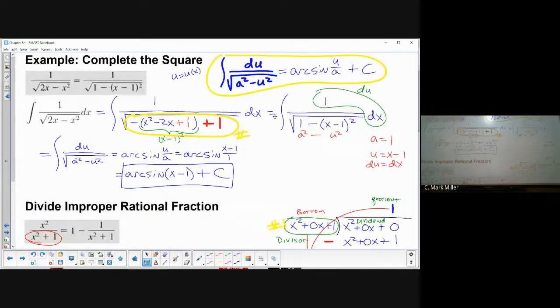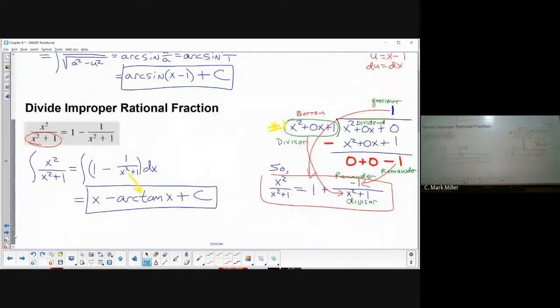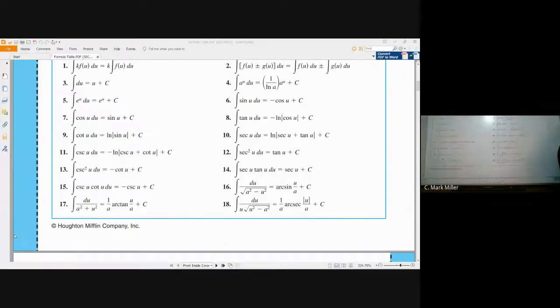Right here. What did that wind up being? We have a 3 minus 12 over x squared plus 4, right? The formula we need to use is going to be one of these three. Now look on your paper.